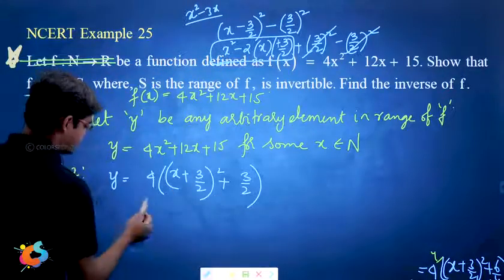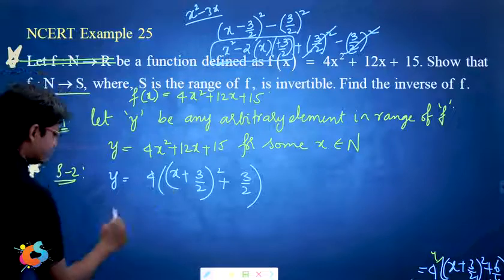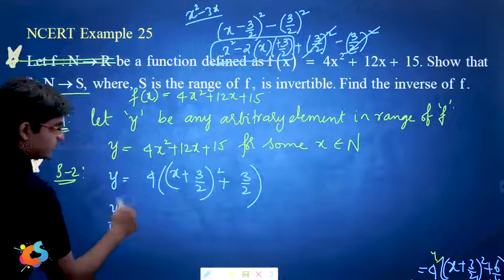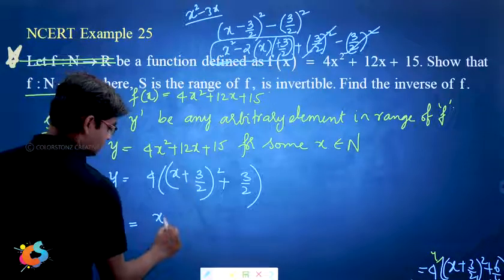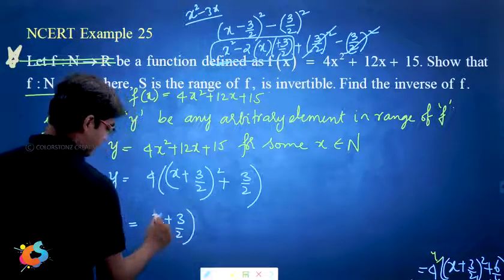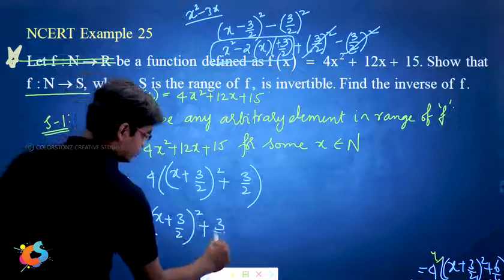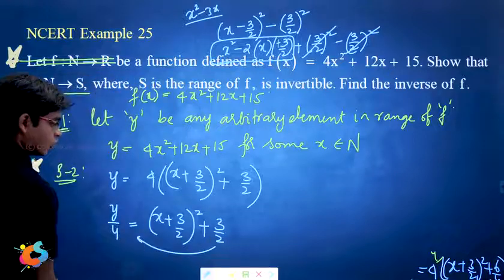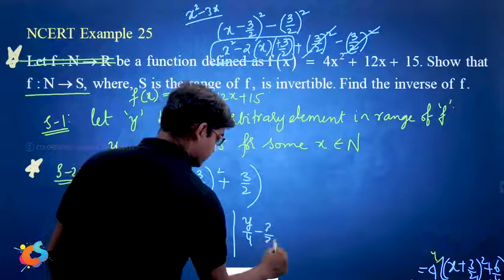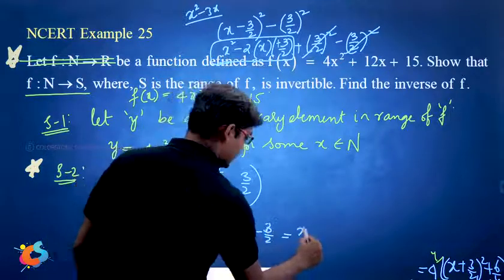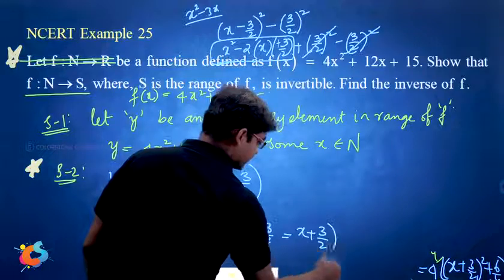So if you are multiplying this 4 inside, or you can divide it, that's okay. So y by 4 is equal to this whole thing, x plus 3 by 2 whole square plus 3 by 2. You can bring this here. So therefore, what are we going to get? Y by 4 minus 3 by 2 is equal to x plus 3 by 2 whole square.